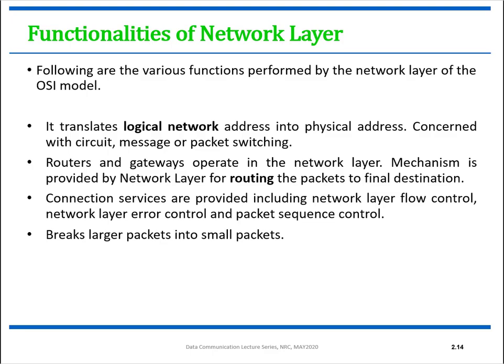And then it translates logical addresses into physical addresses, while the physical address is concerned with circuit, message or packet switching as a functionality of the data link layer. So the network layer deals with logical addressing, which we all know is IP addressing, right?